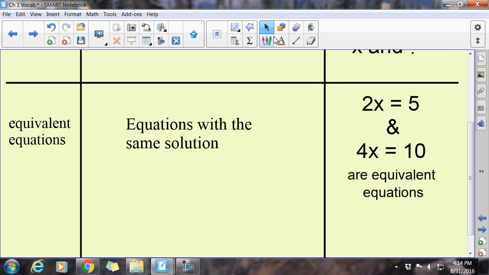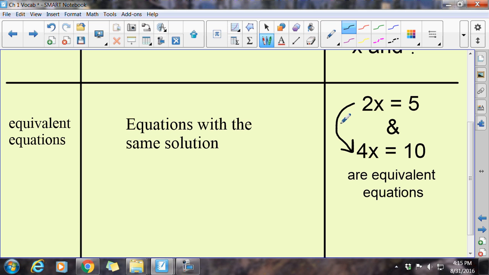All that happened to get from, and this is important with what we're going to be doing when we're solving equations, to get from 2x to 4x, we're multiplying by 2. To get from 5 to 10, we're multiplying by 2. So as long as we do the same thing on both sides of the equation, we make an equation that's the same equation.